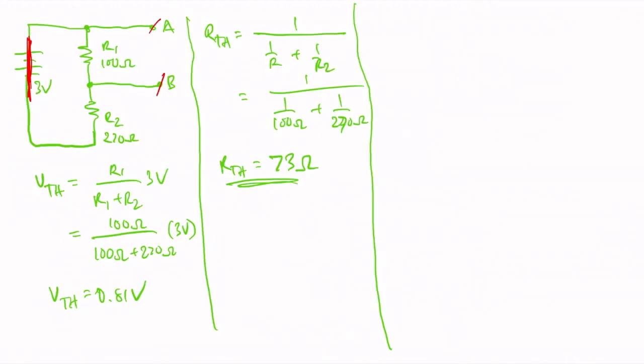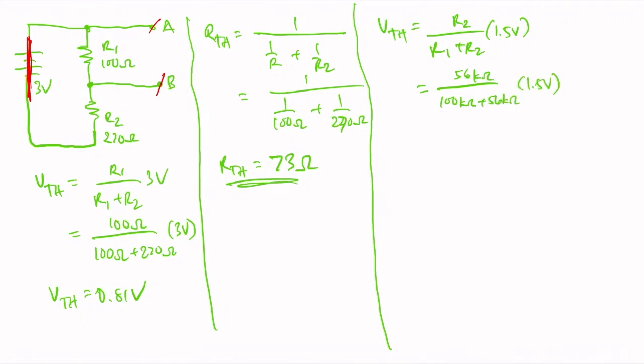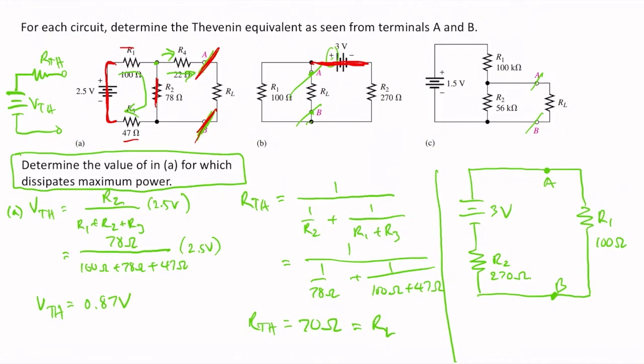So the Thevenin voltage in that case is R2 over R1 plus R2 times 1.5 volts, equal to 56 kilo ohms divided by 100 kilo ohms plus 56 kilo ohms times 1.5 volts. So the Thevenin voltage in that case is 0.54 volts.